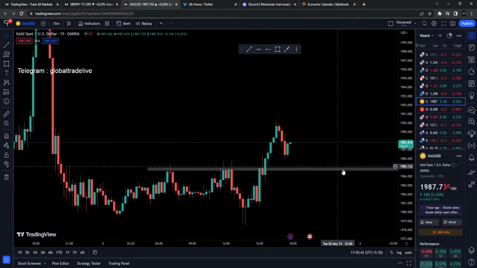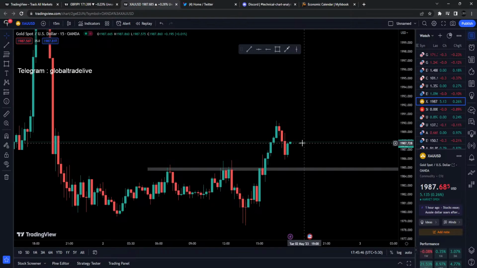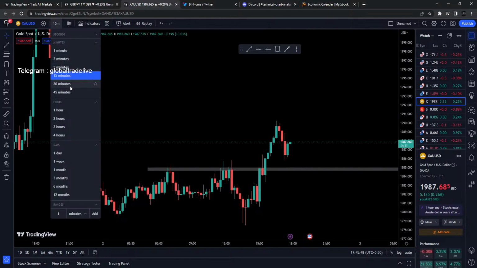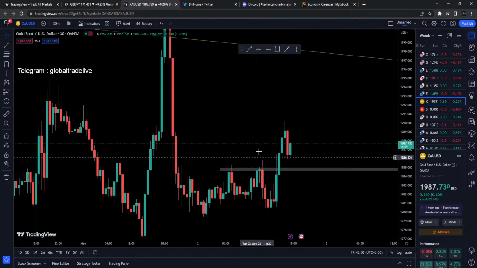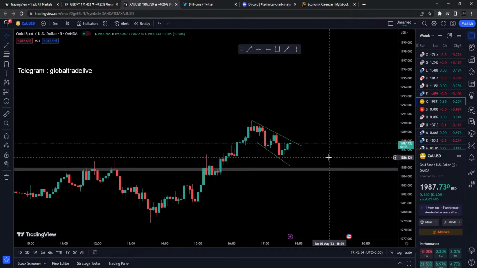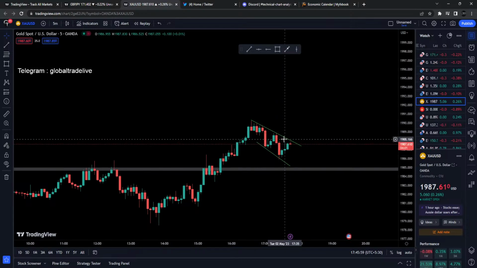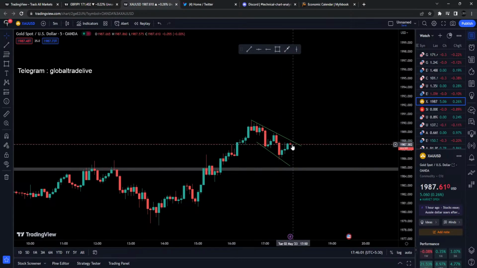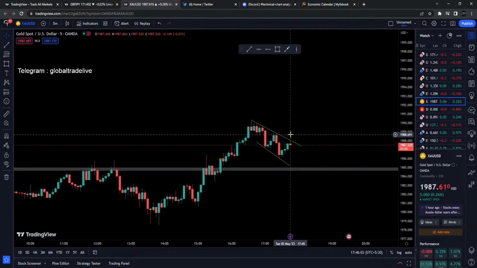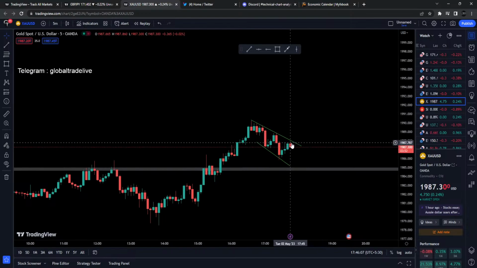Gold has also closed over here, the 15-minute candle in gold. So let's see how this looks in 30 minutes. Okay, 5 minute. The thing is, it's still inside this channel over here. To take a buy trade, I really need gold to exit outside this channel in the 5-minute time frame, because there is no point in taking buys if it cannot exit this channel.